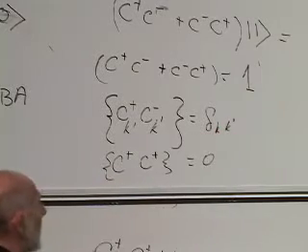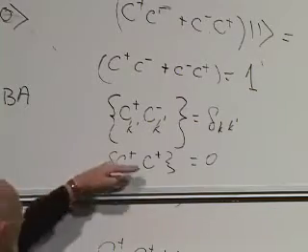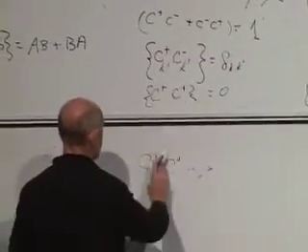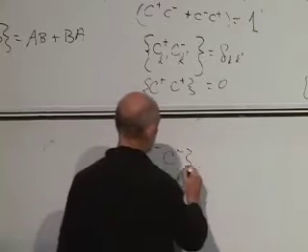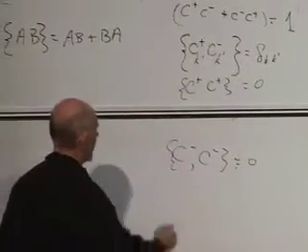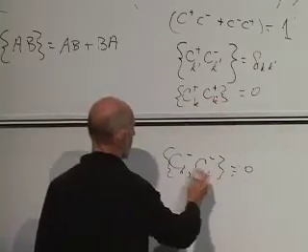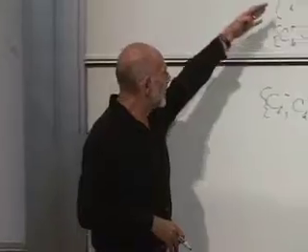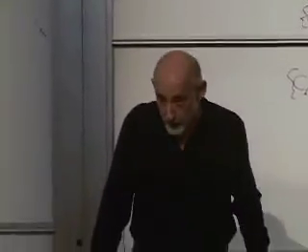In other words, it's 1 if k equals k prime, 0 otherwise. And these things are always just 0. C plus C plus and C minus C minus are equal to 0 for all k and k prime. That's the algebra of creation and annihilation operators, which by definition defines the algebra for fermions.